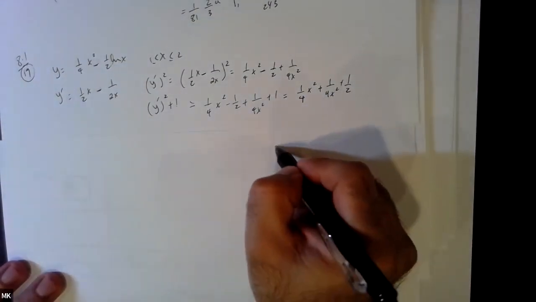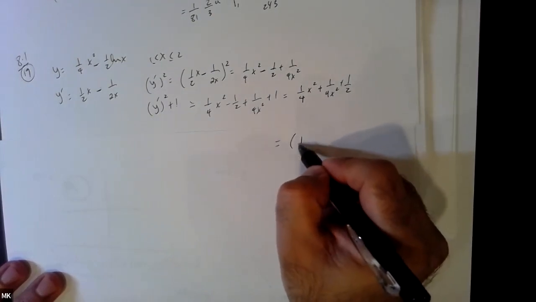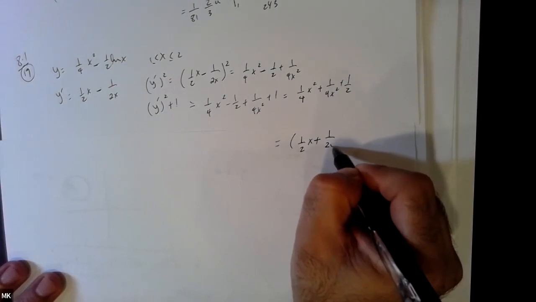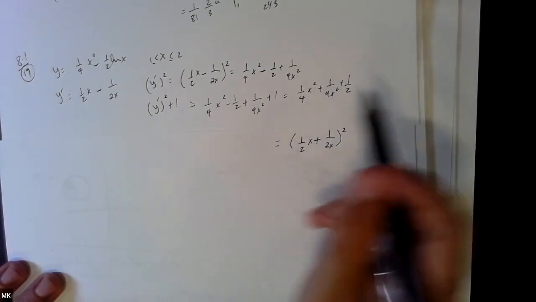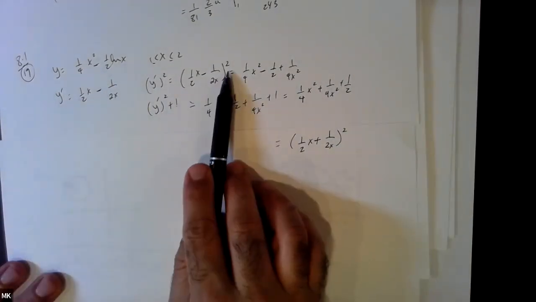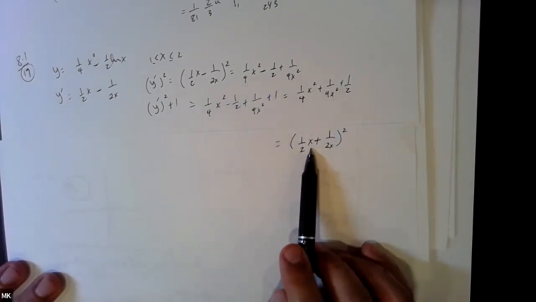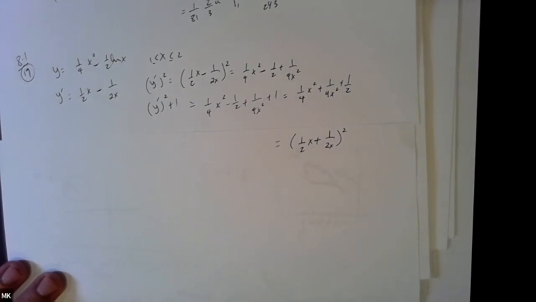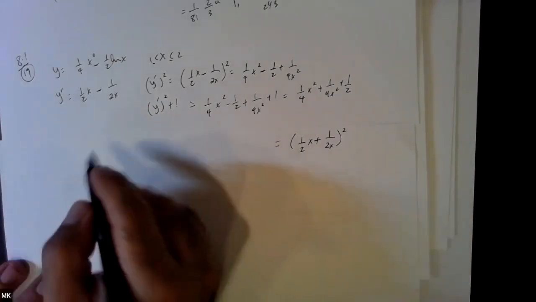So the good thing about this is that you can verify it is 1/2 x plus 1 over 2x, squared. So how this was a minus and you had a negative 1/2, now plus 1 gives you positive 1/2. Now, how would you know that? Well, it's just the expanded form of that binomial. And that's how you get the exact form.